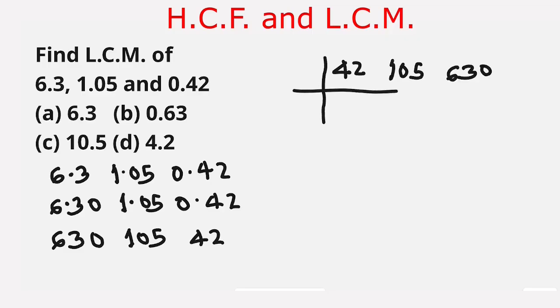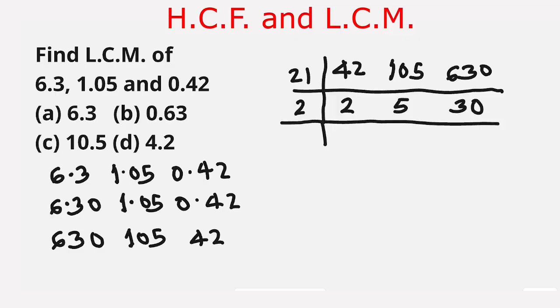We find their LCM by common division method. On observing 42, 105 and 630, we see that 21 is common in all these three numbers. So we divide these numbers by 21. 21 divides 42 for 2 times, 105 for 5 times and 630 for 30 times.